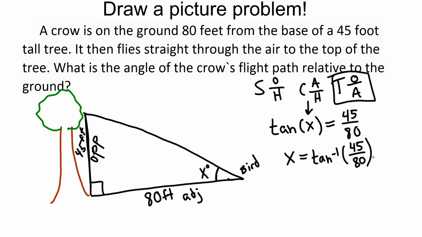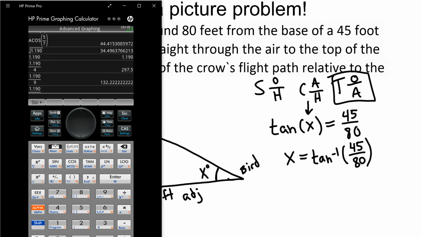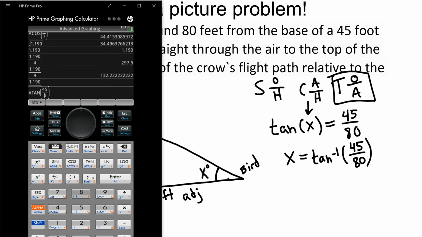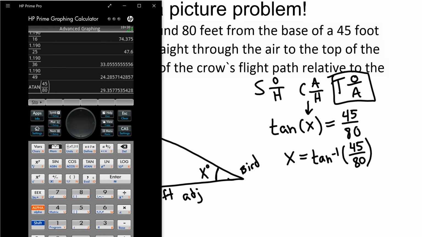From here, this is a put in the calculator problem. Let's bust out our calculator here. Inverse tangent of 45 divided by 80. Hit enter. There's our answer there. X is equal to 29.357, but that 7 is going to cause that next 7, the sum before it, to round up.